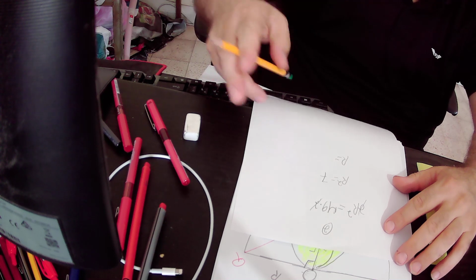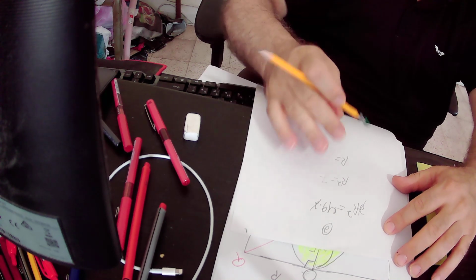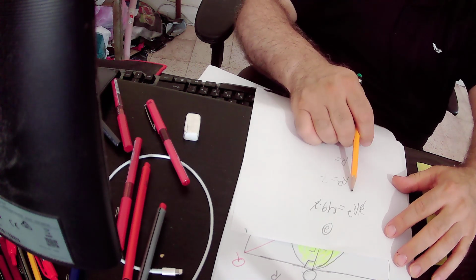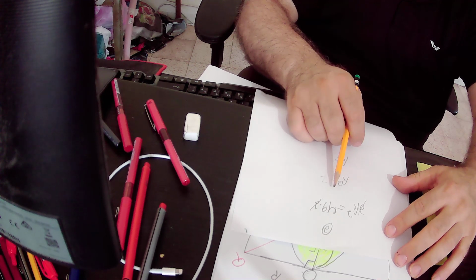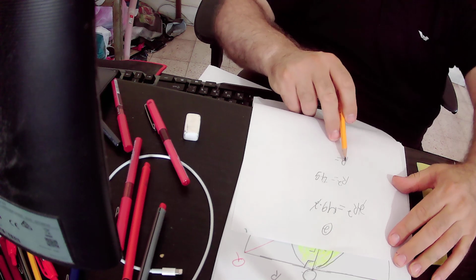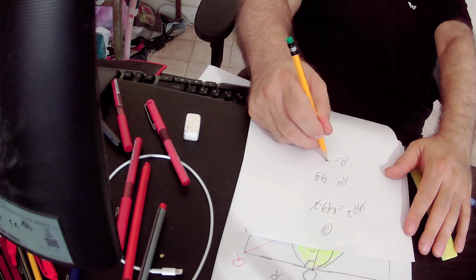I made a mistake. After we divided the equation by 2, we got that R squared equals 49. So if R squared equals 49, then R equals 7.